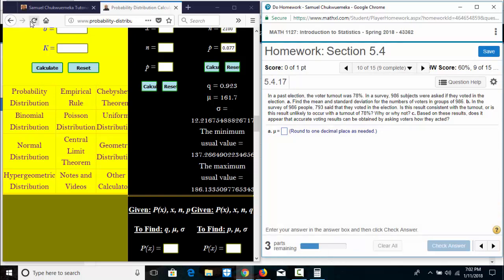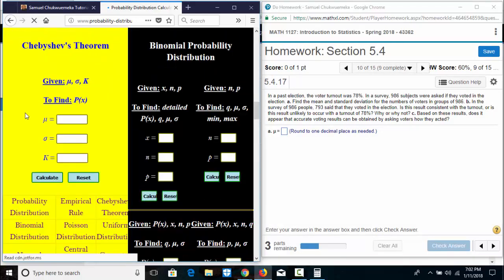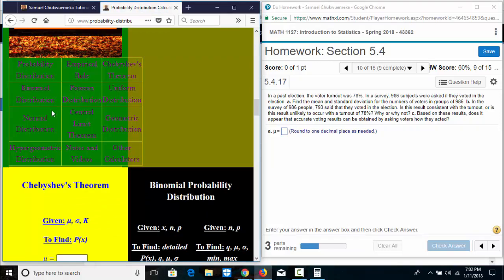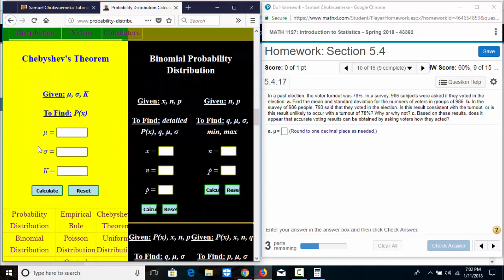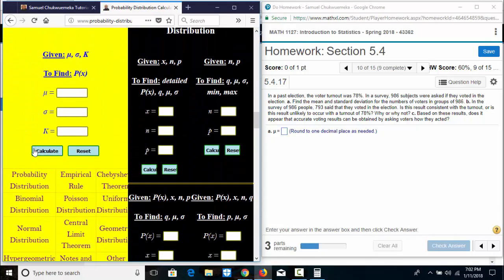Question 10. In a past election, the voter turnout was 78%. In a survey, 986 subjects were asked if they voted in the election. Find the mean and standard deviation for the numbers of voters in groups of 986.